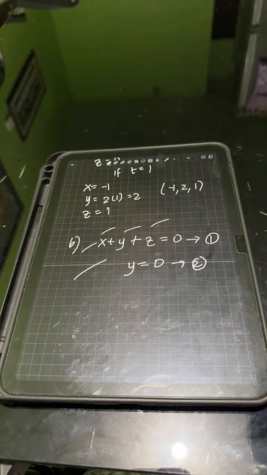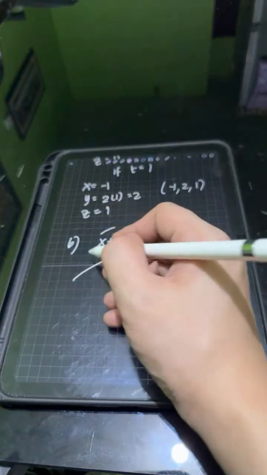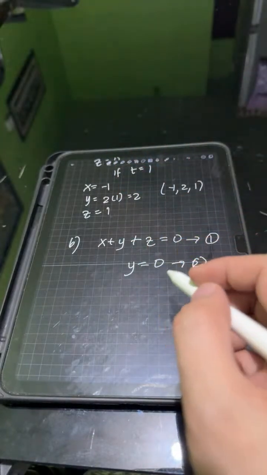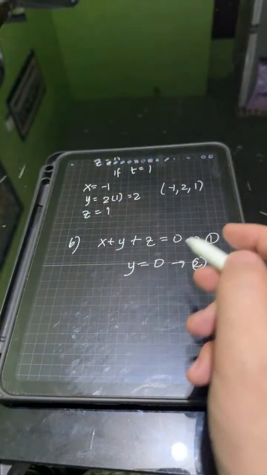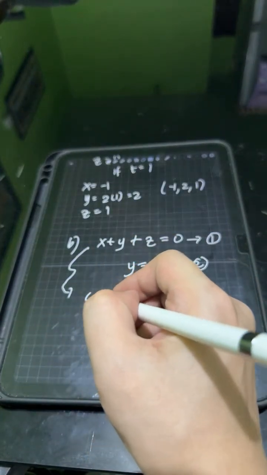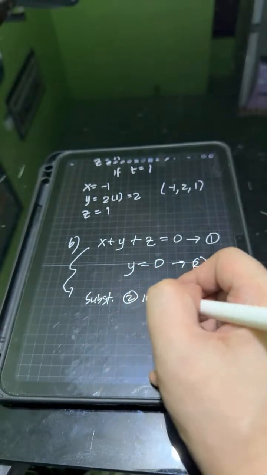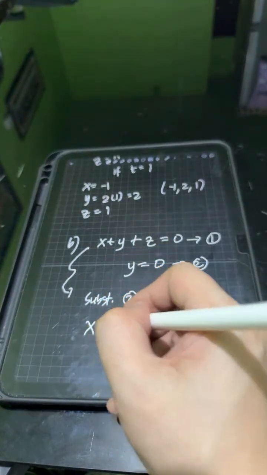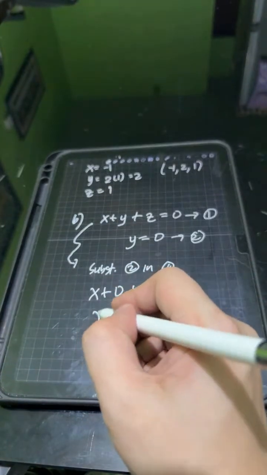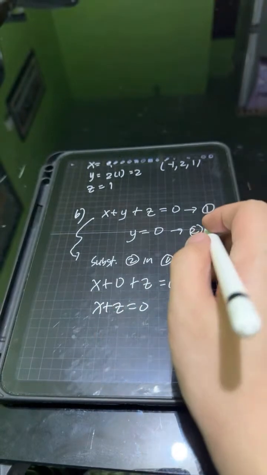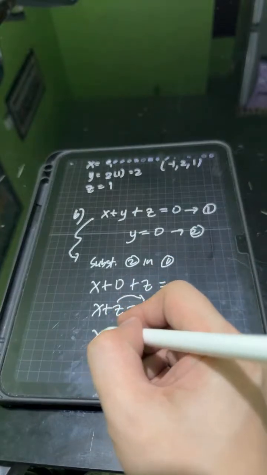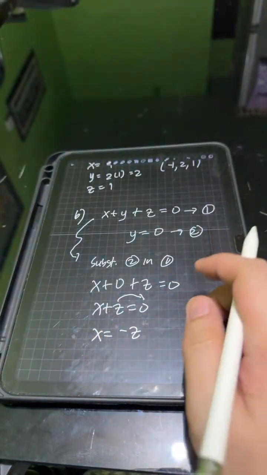So therefore, we can expect infinitely many solutions again, just like in the previous problem. Notice that y has a fixed value in equation 2, y is 0. Therefore, if we substitute 2 in 1, x plus y, which is 0, plus z equals 0, we have x plus z equals 0. If we solve for x in terms of z, we transpose z to the right side, x is negative z.